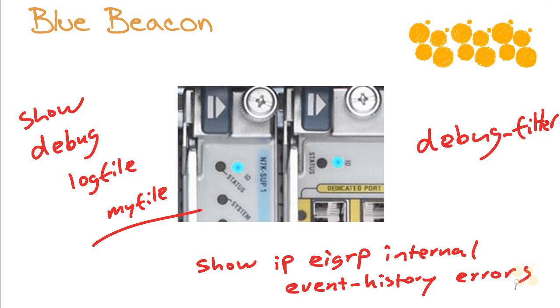This displays EIGRP error events for our particular autonomous system. This is so cool. It's like having a debug running all the time. So if you're looking for the root cause or historical context for a particular problem, you can go in and you can see the errors of a specific nature that have occurred thanks to the event history utility.